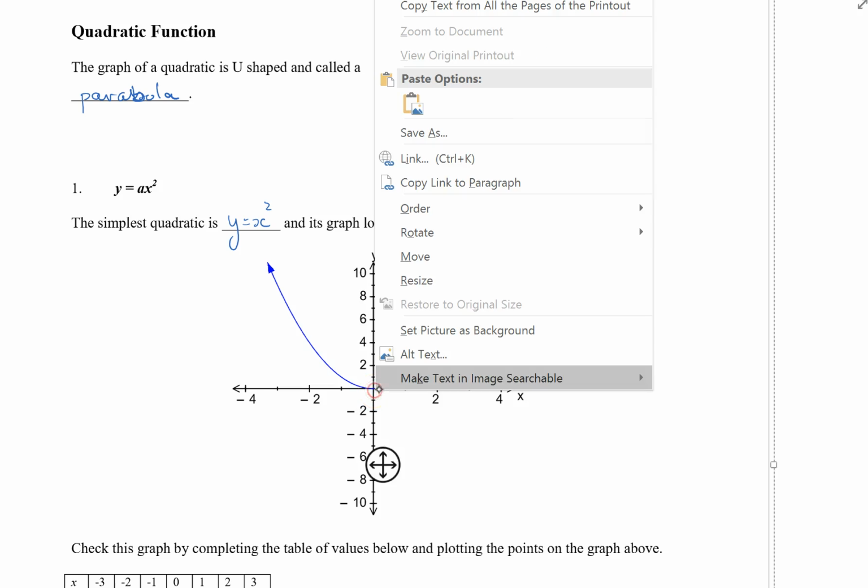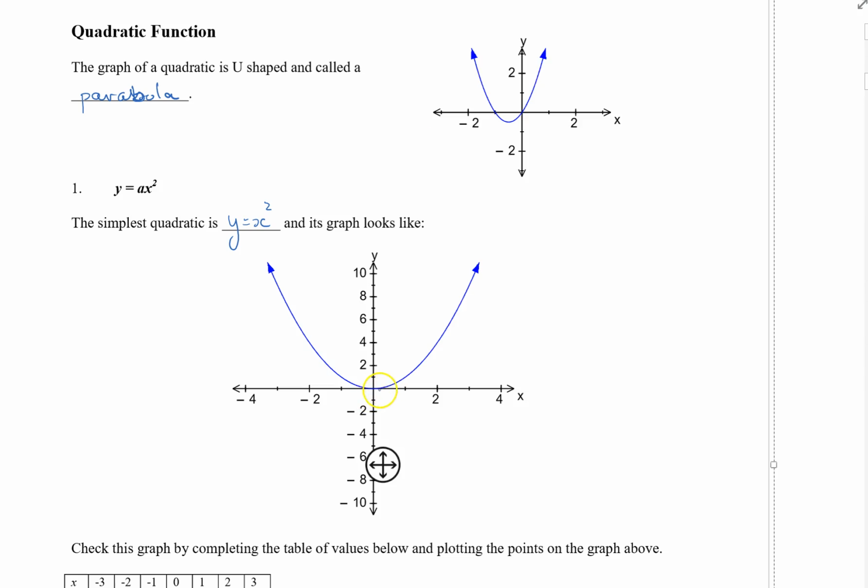It has the bottom, it's not called the bottom, but it's called a minimum. That means that's as low as the y values ever get, then the y values go back up. It's also called the vertex, and its vertex is at 0, 0.